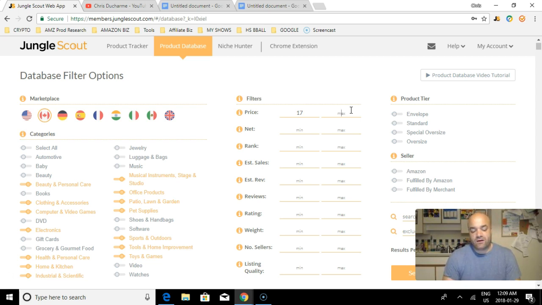But impulse wise, we want products that will consistently sell all season long, every month, day in, day out, 10 units a day. We want people to just be able to buy them and make that decision right away. It's an impulse buy. So we want to start with a price point of $17 and we'll put in $55. That also gives you a good profitability range.